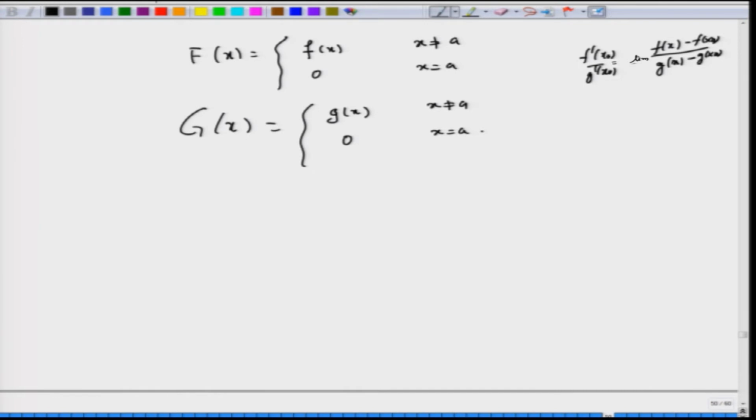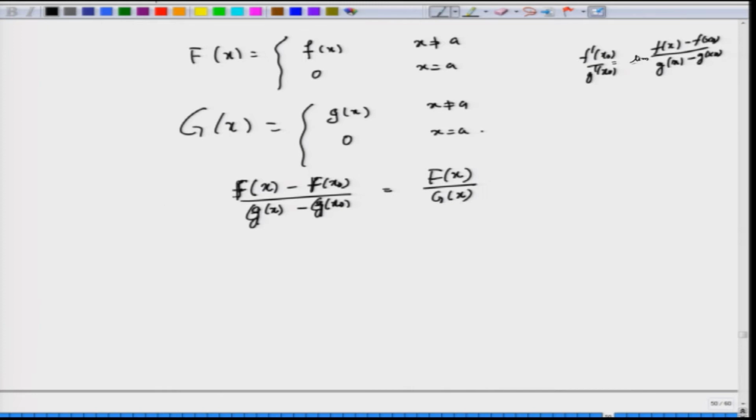Intuitively, what we want to get is that f of x minus f of x naught, which is again equal to 0, by g of x minus g of x naught, this is equal to now capital F. So this is nothing but f of x by g of x.